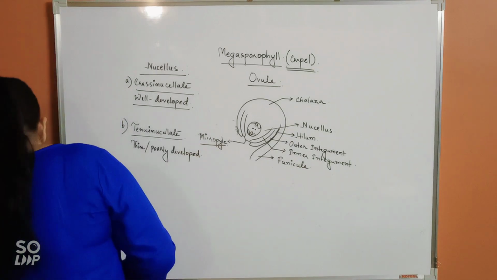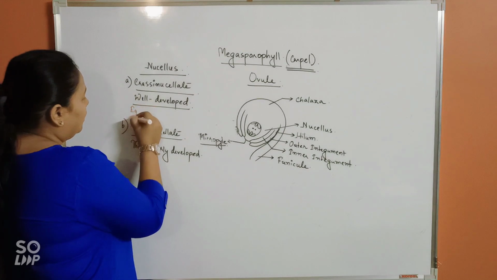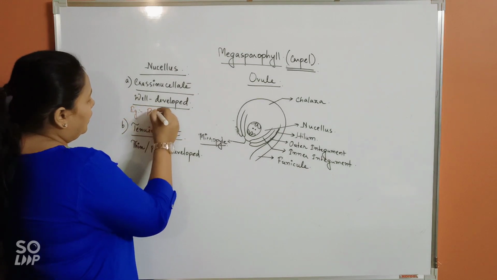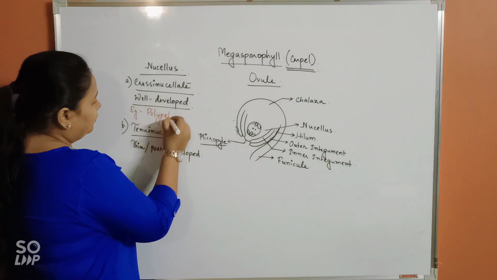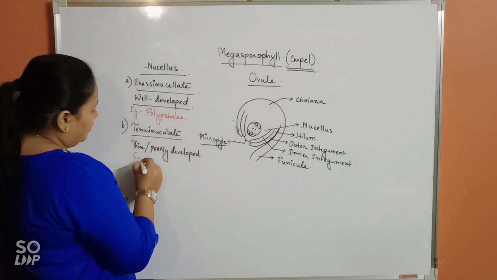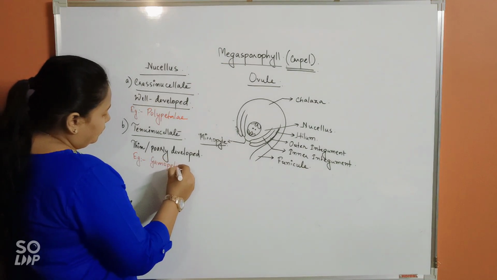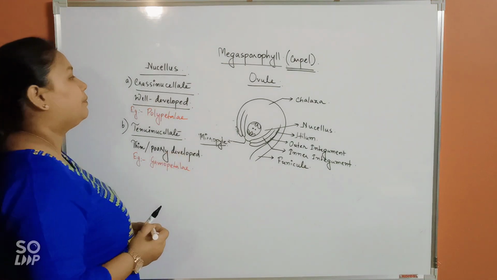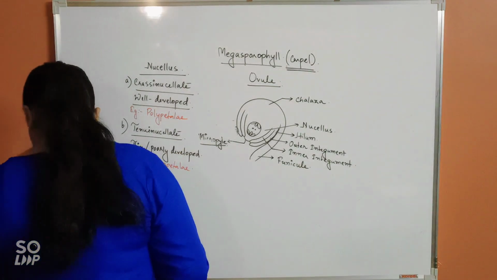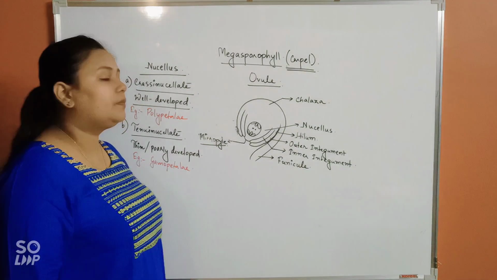Alright, example would be here polypetalae, here gamopetalae. Alright, these being the structure of ovule.